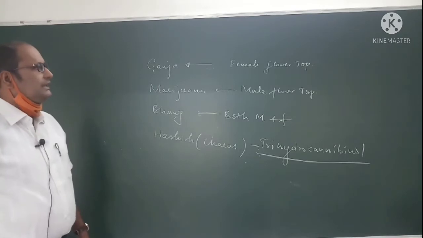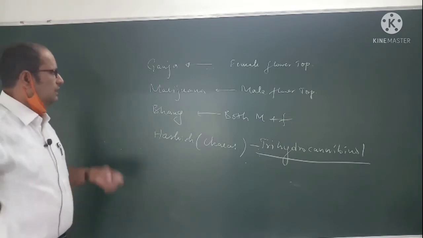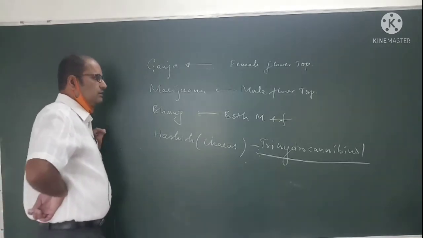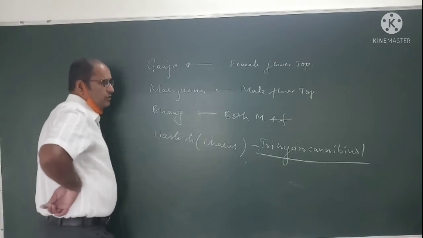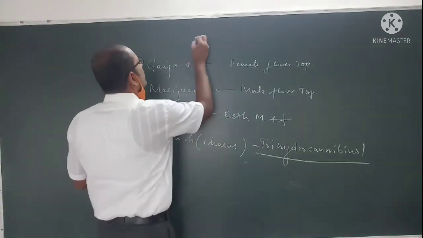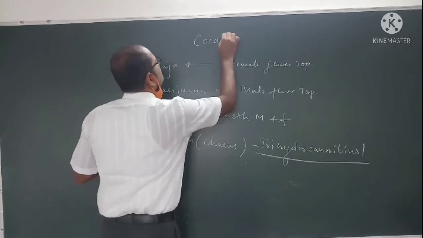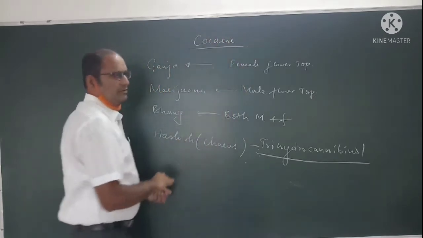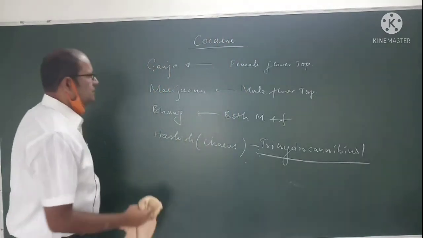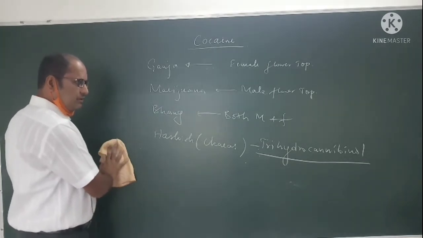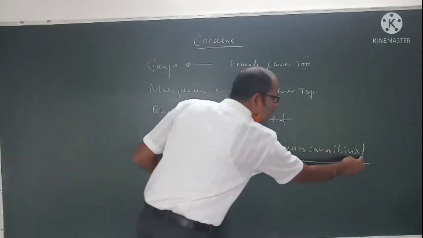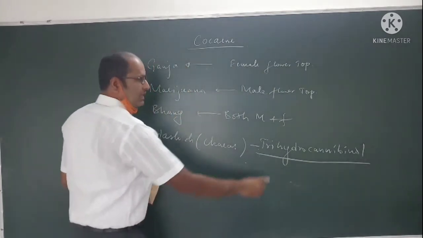And other than these, the kind of things that we have to understand next is to put the title, that is cocaine. Next we'll be studying about cocaine. Shall I erase this? Okay, whenever we write OL means what? Oil.